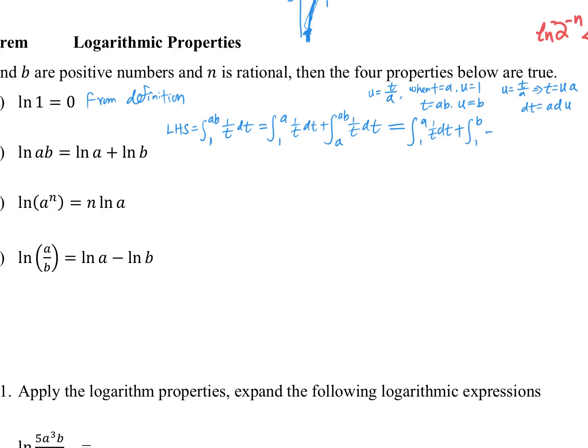So here we have 1 over ua, and dt is a times du, and we cancel the a.